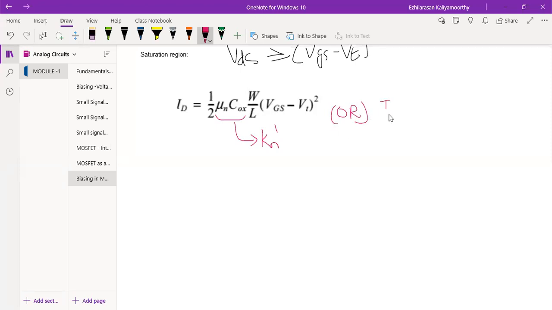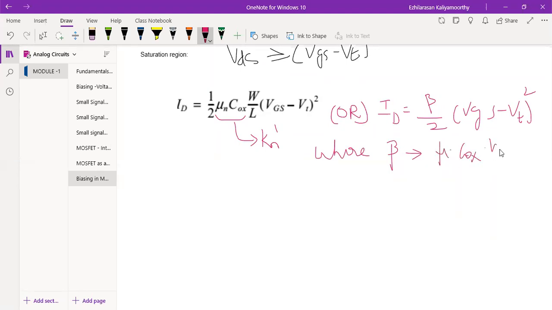is equal to, some of the books you may find like this, beta by 2 into VGS minus VT the whole square, where beta is a constant, dependent parameter, nothing but mu C naught x into W by L. Or we may write, in some of the books, beta is equal to Kn dash W by L. So like this they will write.